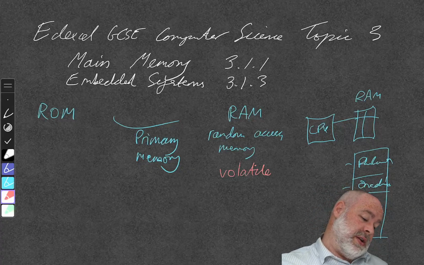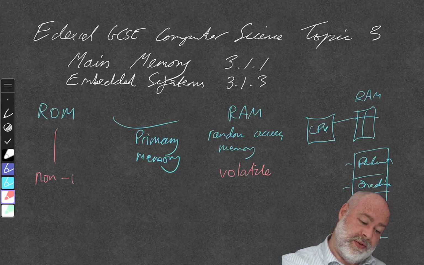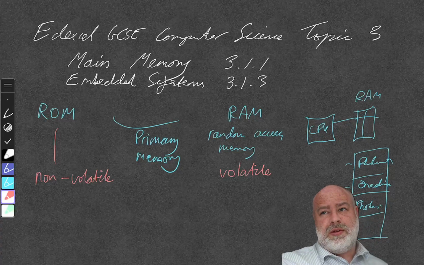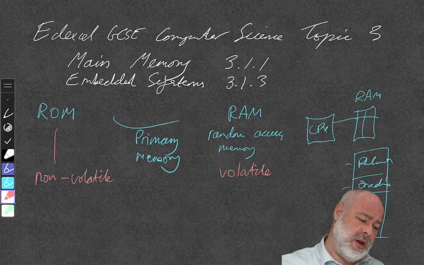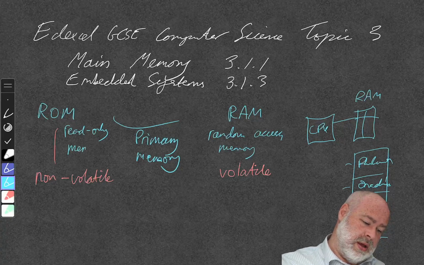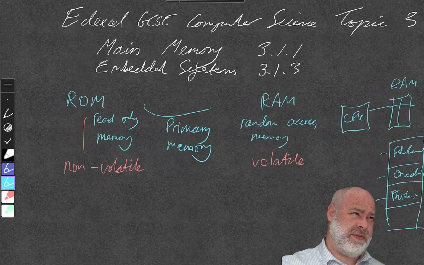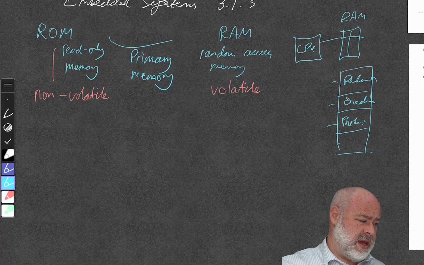So RAM is volatile. Now, crucially, ROM is non-volatile. And because it's non-volatile, it doesn't matter if we turn the device on and off again. Read-only memory, which is what ROM stands for, can still work even if we turn off the power to our device.